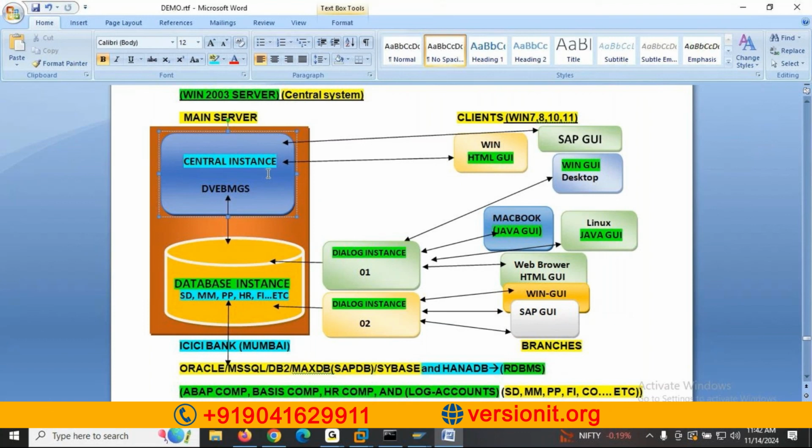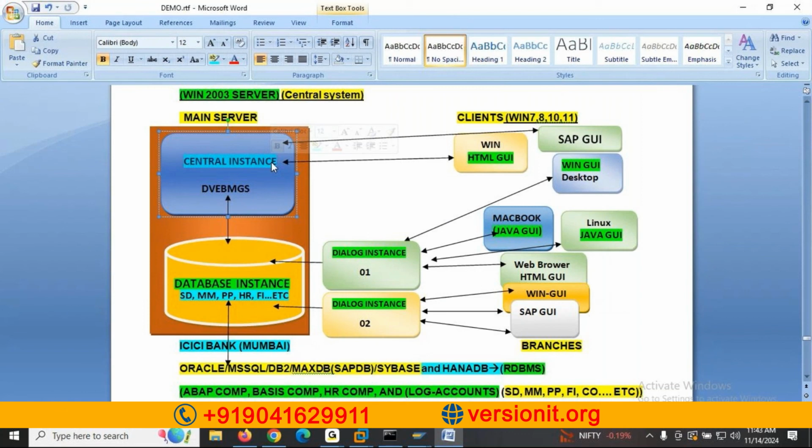We have to monitor it. And our job is to see, whatever the number of users, lakhs of users logged in now, whether every user's work is happening smoothly or not. When all these users are connected, central instance is processing the user work. And how this processing is happening, we need to understand to monitor that work.